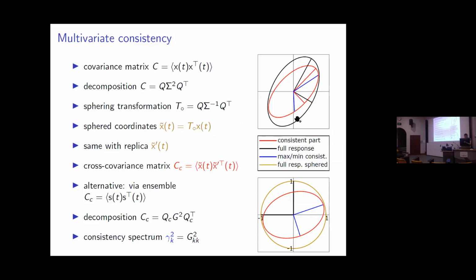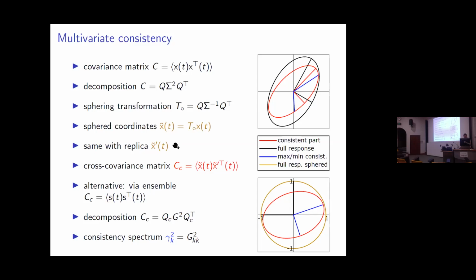So the covariance matrix, the eigendirections, the principal directions of your response are these orthogonal directions here of this outer black ellipse. And when it comes to consistency, now we bring into play a replica system. That's what we need in order to detect consistency.